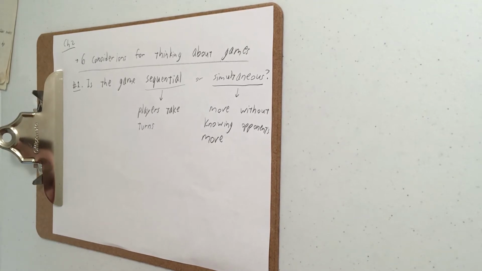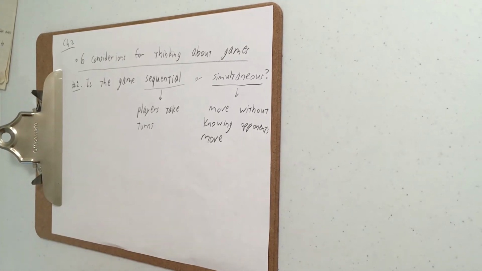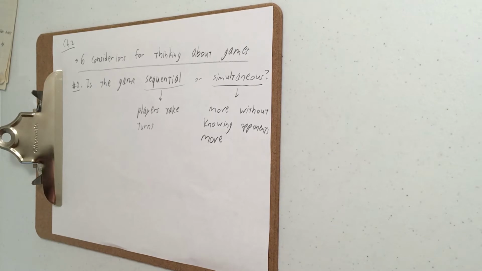Now, if you were to play rock, paper, scissors in a sequential fashion, where you take turns and you also know what your opponent did, that's going to change the game quite a bit. If you move at the same time and you're playing rock, paper, scissors, you have even chances.